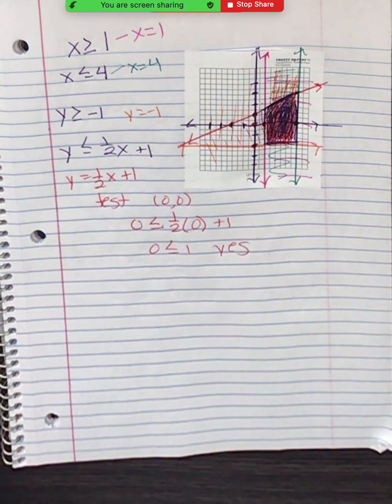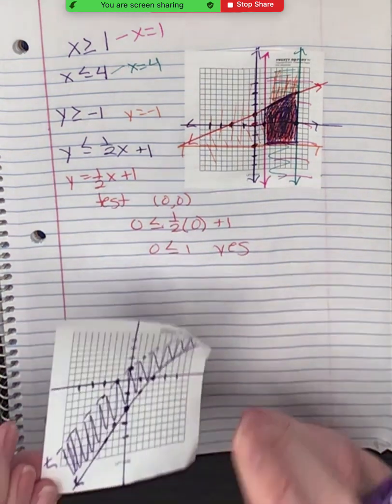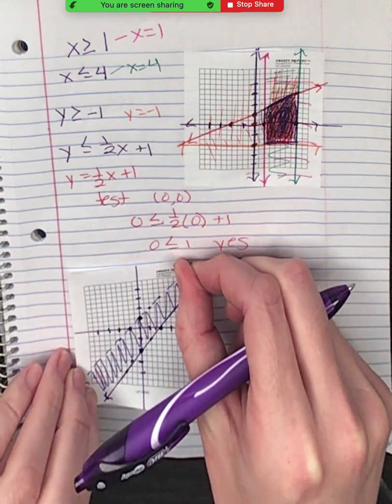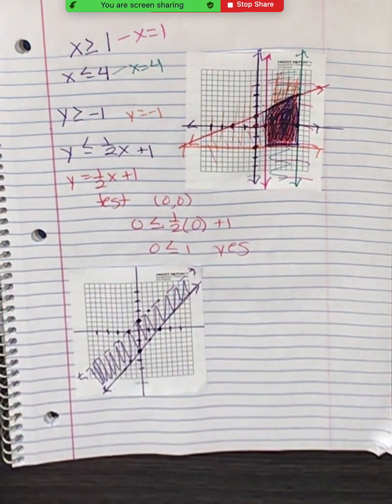Okay. So this is the graph we are given. We would like to write the system that goes along with it. Okay?